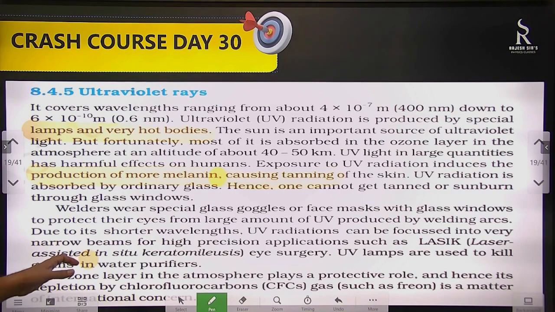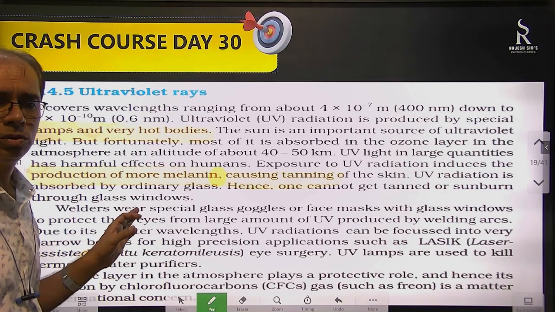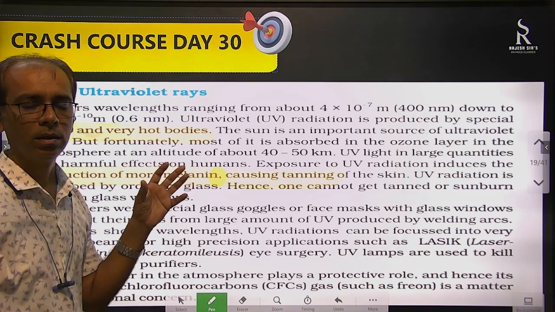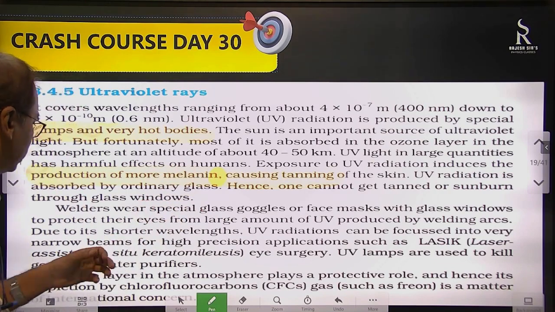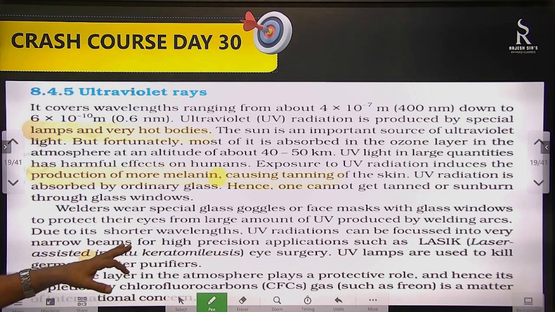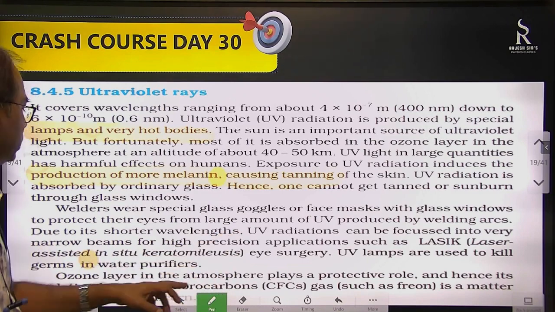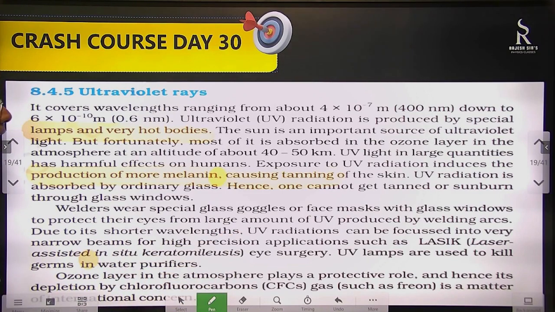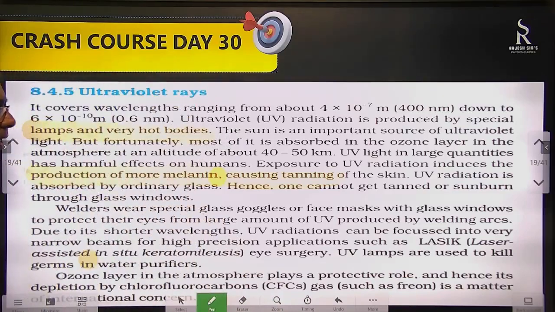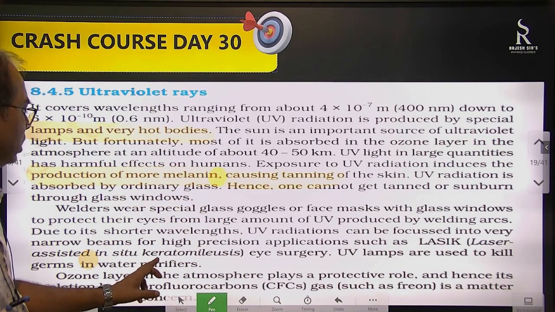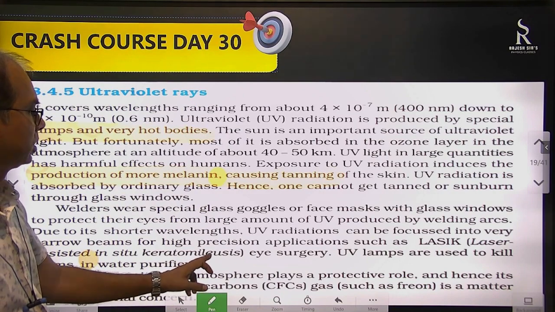Then what else? Where we use them? UV is also used in filters to filter the water. UV radiations can be focused into very narrow beams for high precision applications such as LASIK, laser assisted in situ keratomileusis, eye surgery.